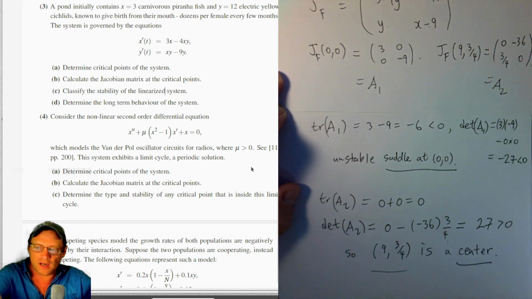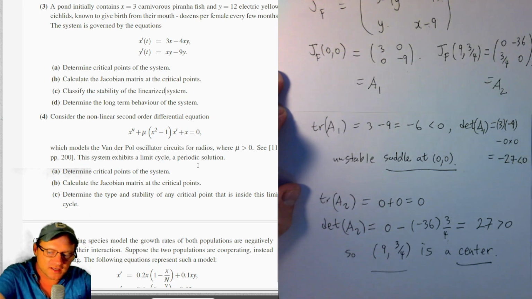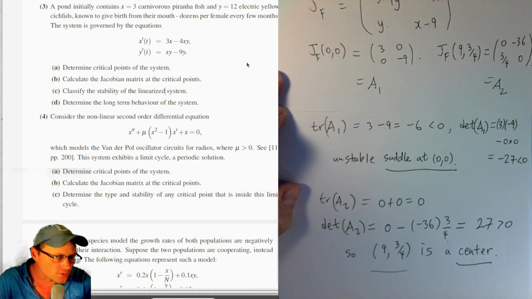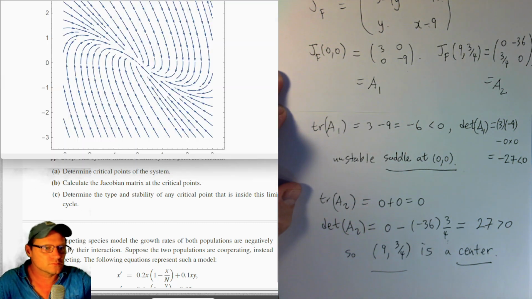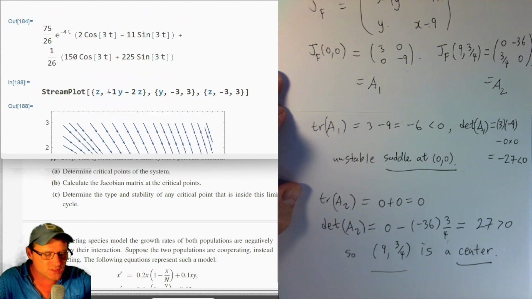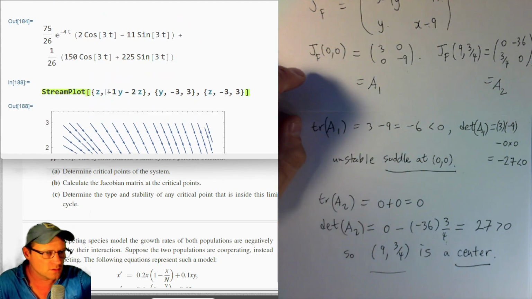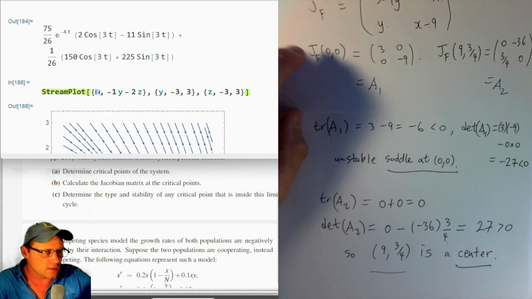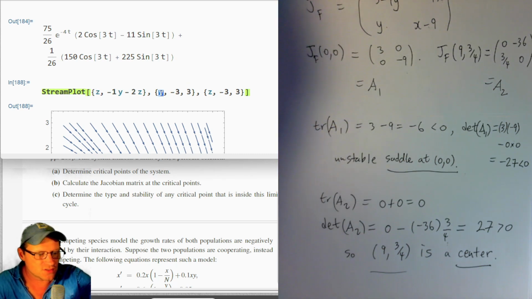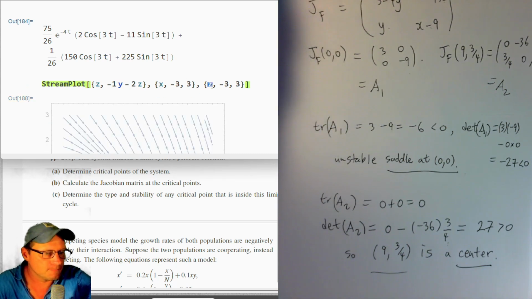So let's open up Mathematica now and plot this, and I'll show the two of those to you. We'll plot this with StreamPlot. So I'm going to change this to x and y.